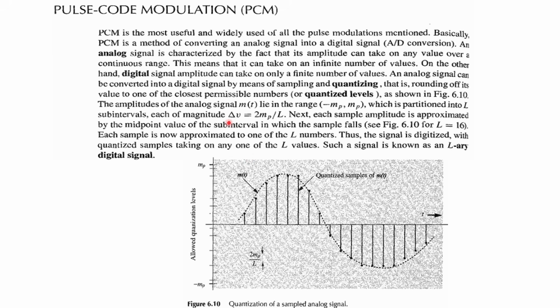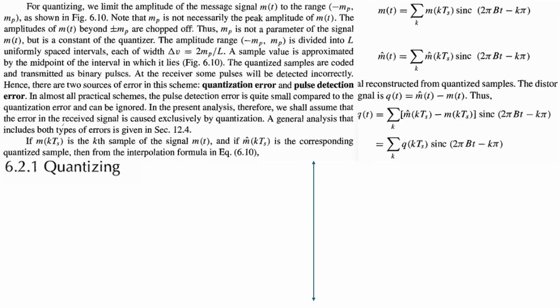Suppose del v is your step size, and suppose mp is the peak voltage, so the peak to peak is twice mp, divided by L, where L is the number of levels, which is 2 to the power n, n being the number of bits, right? So in that manner, del v will be equal to twice mp divided by L.